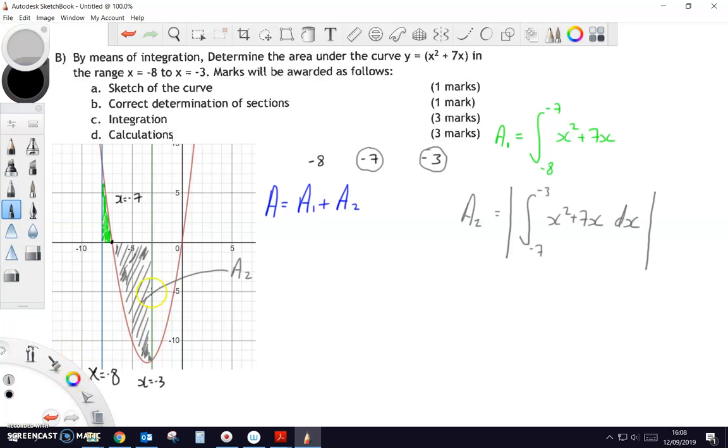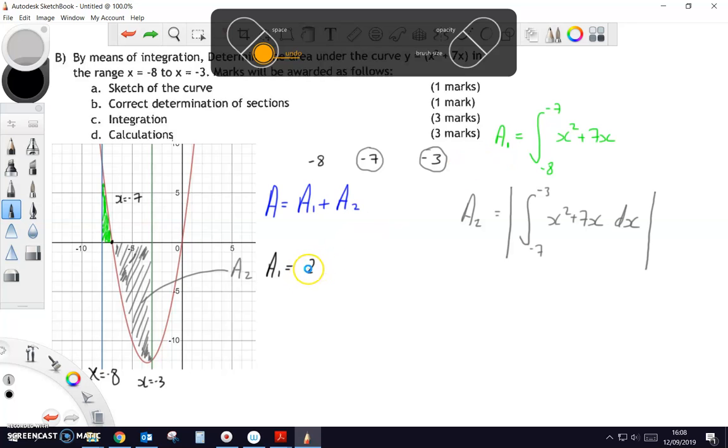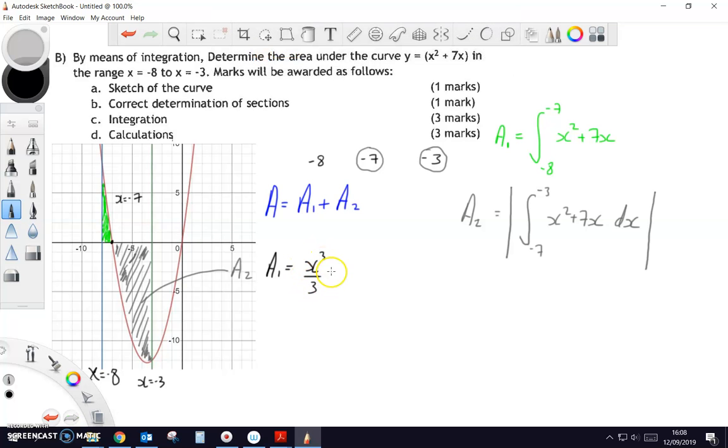Okay, so area 1, we're going to integrate that green guy there. It's going to be x cubed over 3 plus 7x squared over 2, and our limits on that are going to be minus 7 and minus 8. So to figure out the number for that, it goes like this.